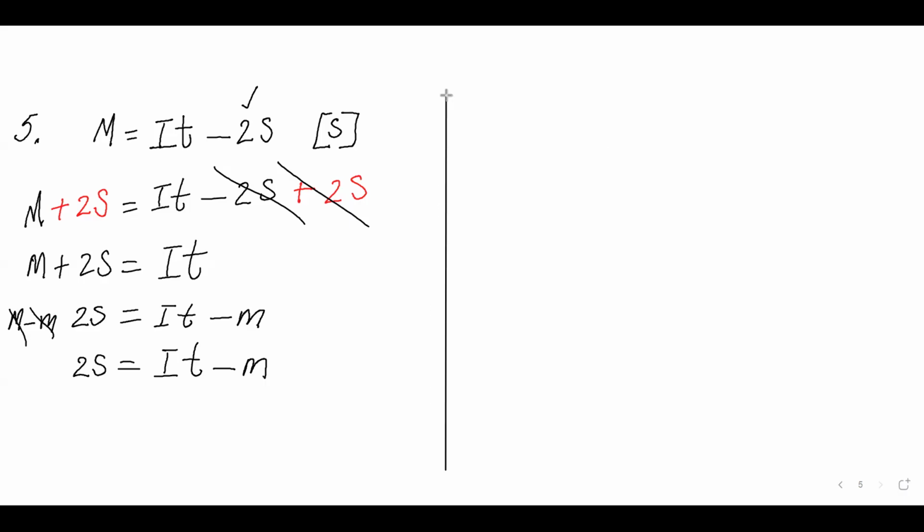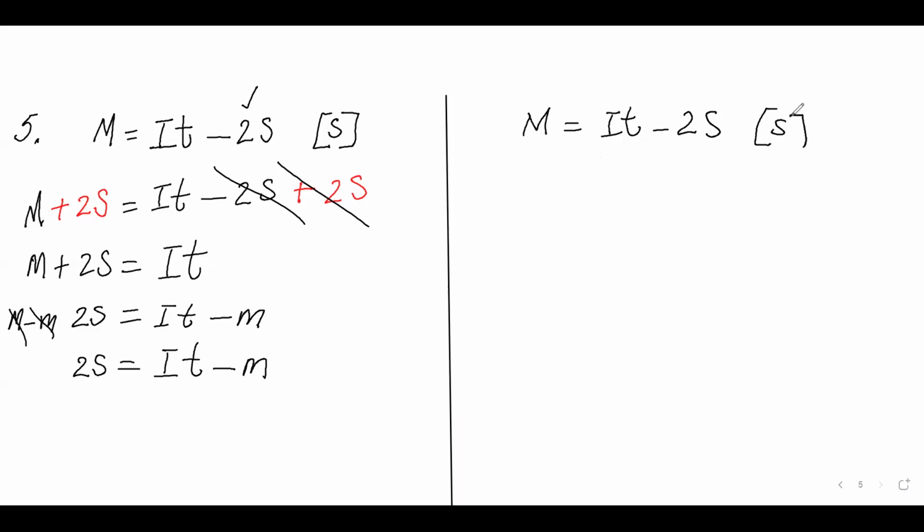So that's the question in steps. For those persons who understood it well and didn't do it in steps, they would have just said M equal to IT minus 2S. We're finding for S, so it will be M plus 2S equals IT.